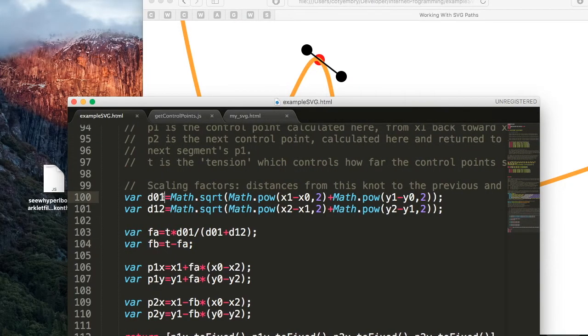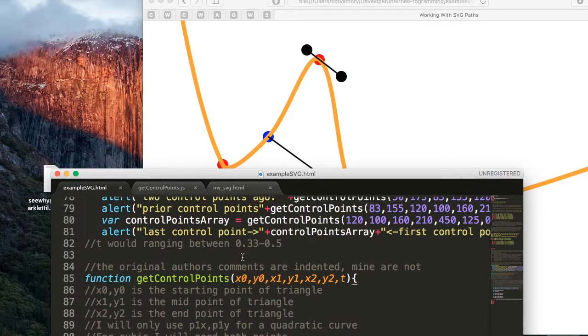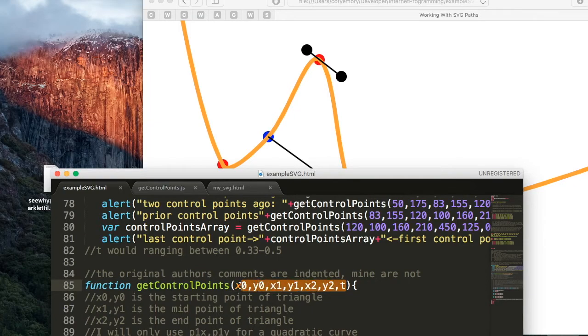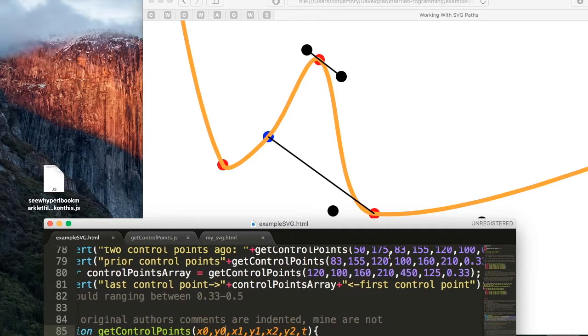Anyway, what that does is that just gets you the D01 and D12 lines, scales it correctly, and then these are your control points. That's your control points for your lines. So when you pass the stuff into this function, you pass the coordinates, so first, second, and third point, x, y coordinates.